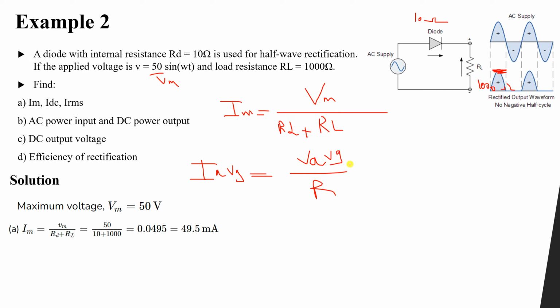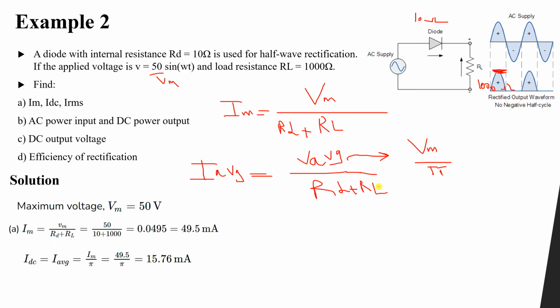R here represents the total resistance, RD plus RL. Now the average value is V max over pi for the half wave rectifier. So IDC, which is the average, will be I max over pi, which is 49.5 over pi, which is 15.76 milliampere.